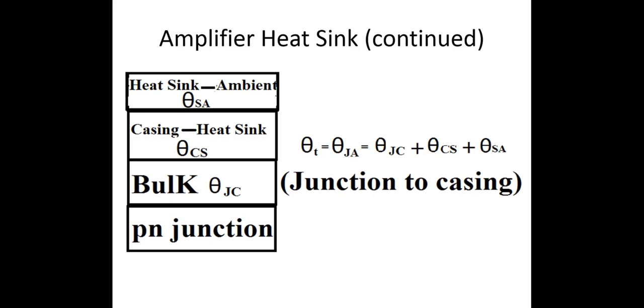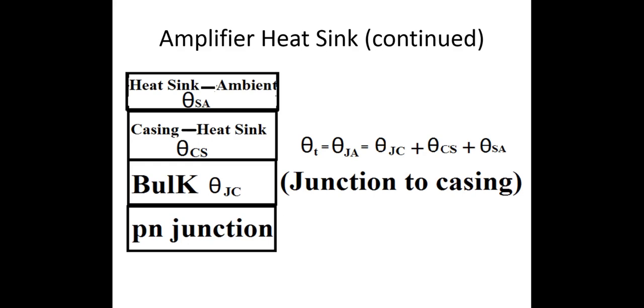Now the heat has to flow from the base collector junction to the ambient environment. First, this heat will flow through the bulk material, that is the doped silicon material in the collector region, and the thermal resistance of this region we refer to as theta subscript JC.